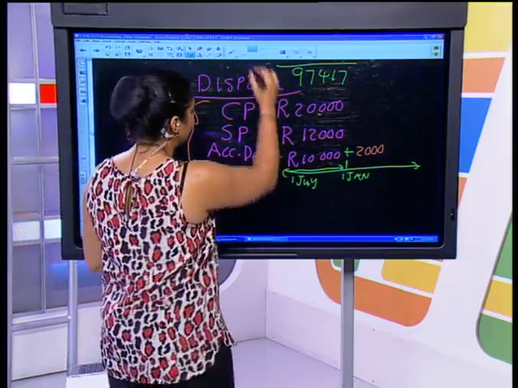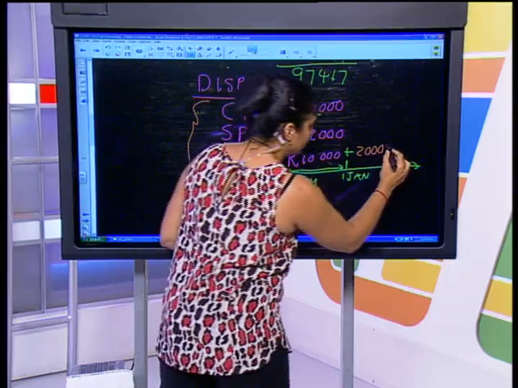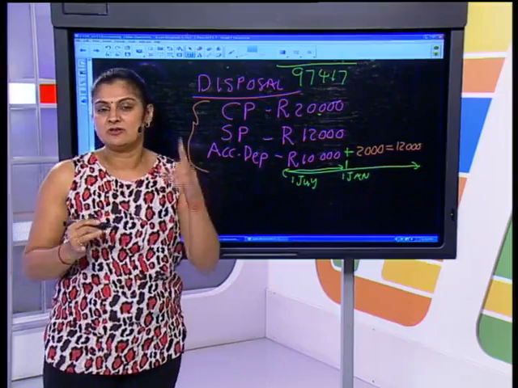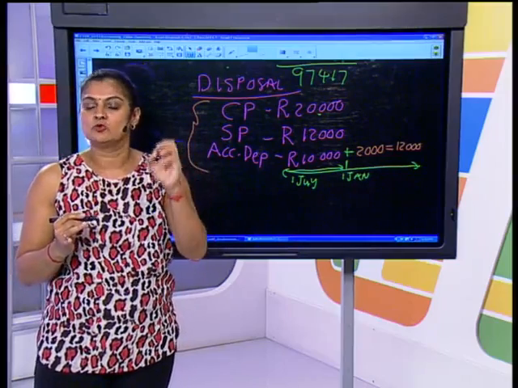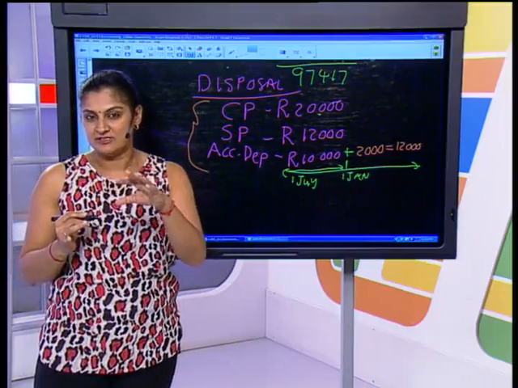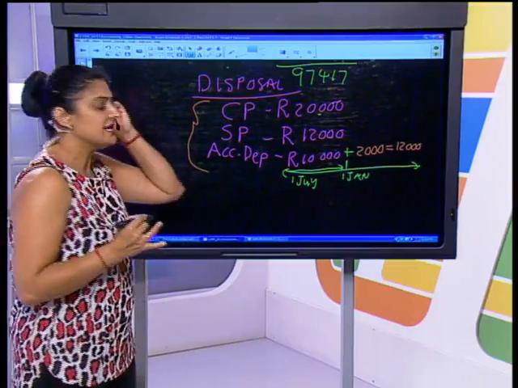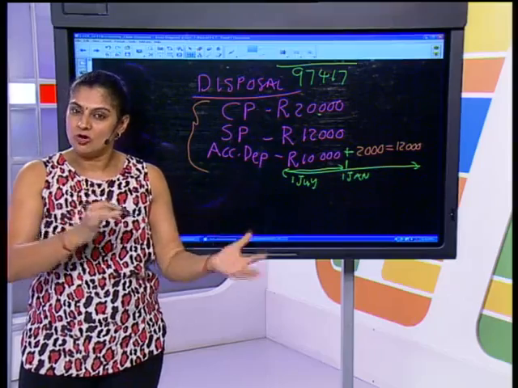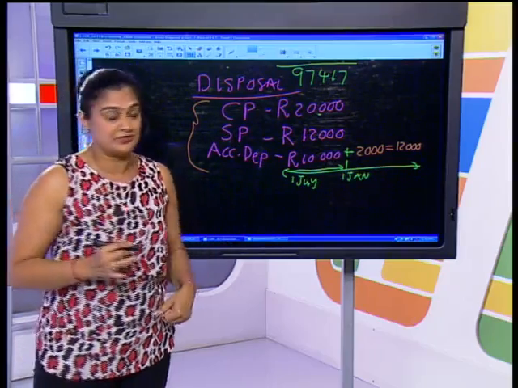So at this point, our total accumulated depreciation at the date of sale is an amount of 12,000. Right, what do I do with all of this information? Remember, guys, the purpose of drawing up the asset disposal T account, which we're going to do in a moment, is to calculate whether the business made a profit or a loss on the sale of this particular asset.